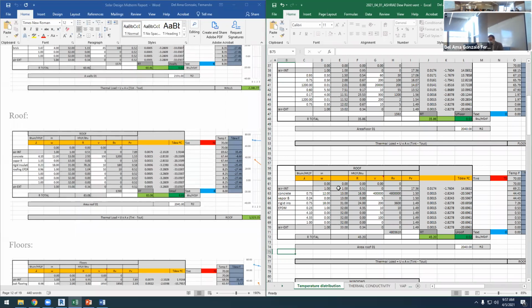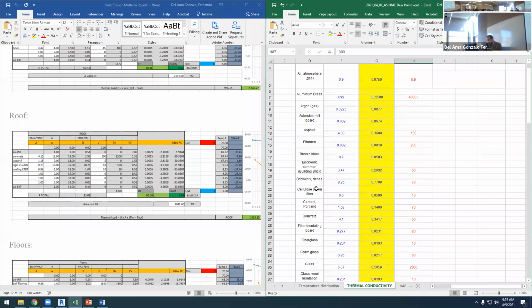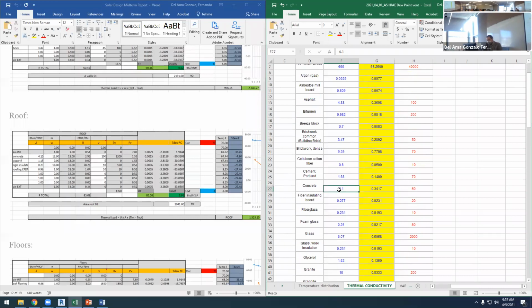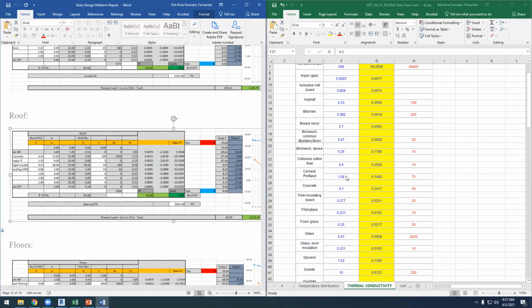Oh no, first the thermal conductivity. Concrete is 4.1, okay? The vapor barrier doesn't matter. The rigid insulation is 0.23, okay? And the EPDM it's 0.96. Olivia, I think this is yours. Where did you take this 0.96? I got that off of Revit because I couldn't find it on this file.